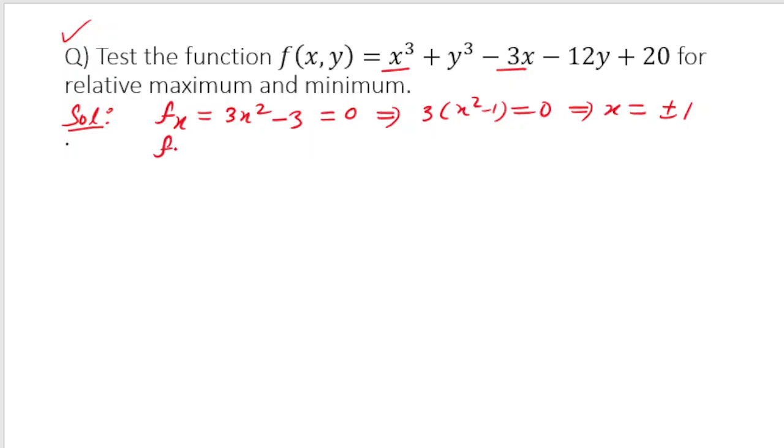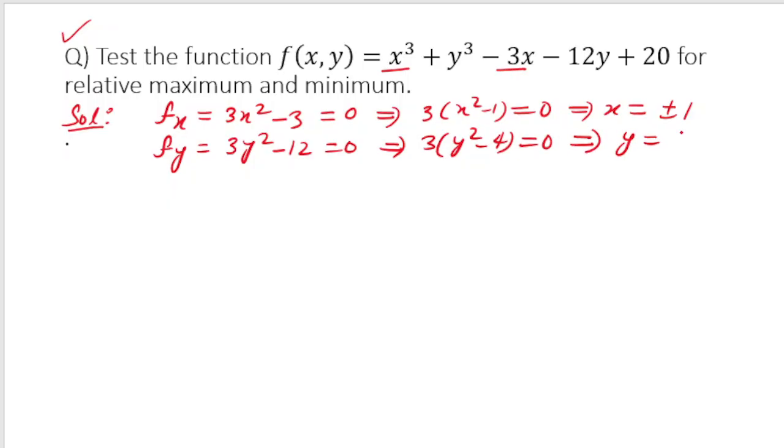If I calculate f of y, I will get 3y square minus 12 is equal to 0. So from this I can take 3 common. I will get y square minus 4 is equal to 0. And from this I will get y is equal to plus minus 2, meaning 2 and minus 2.